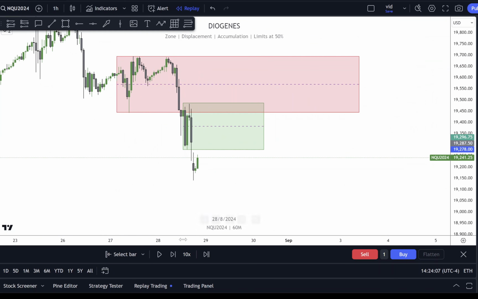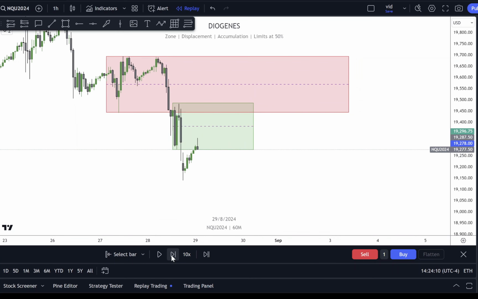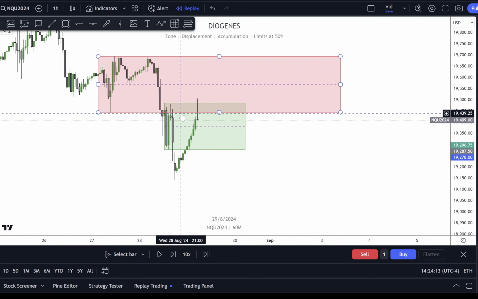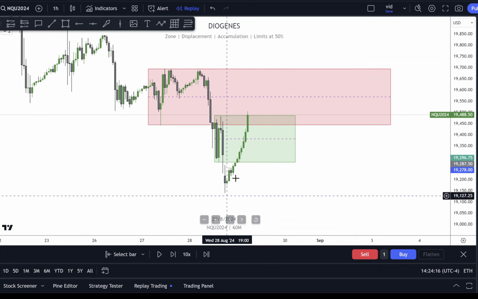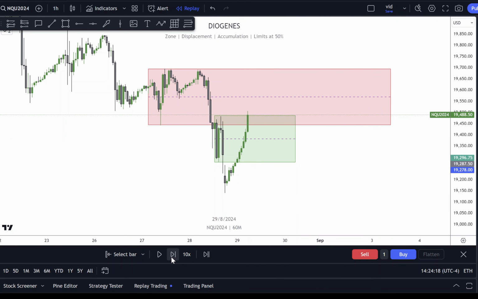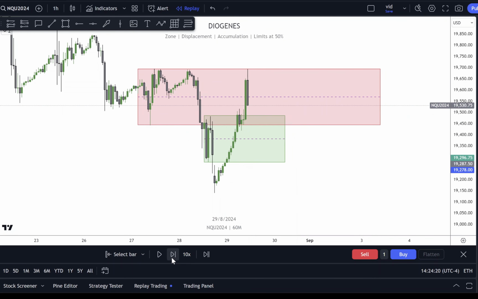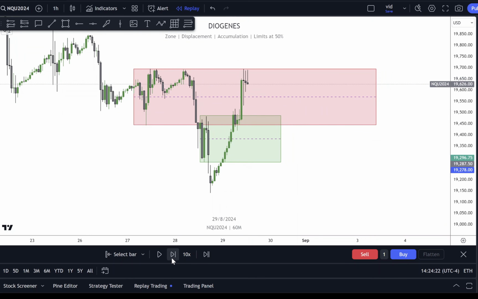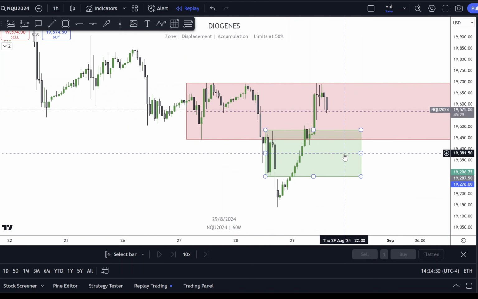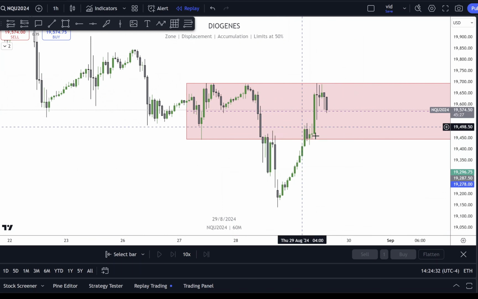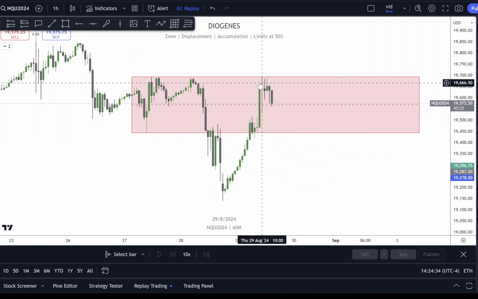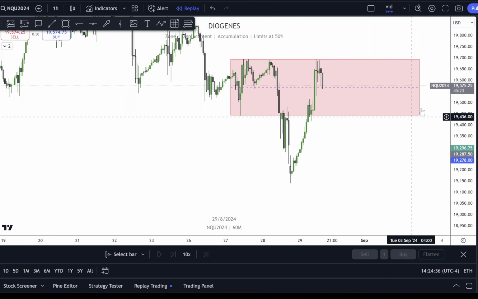So what happened is price never respected this zone. So I kept taking longs in here on the 5 seconds, right? And price now is maybe respecting this zone and giving the 1-to-1, right?